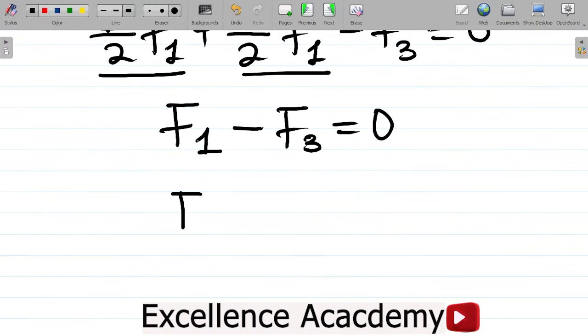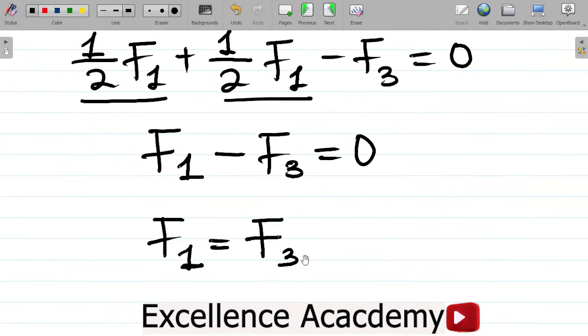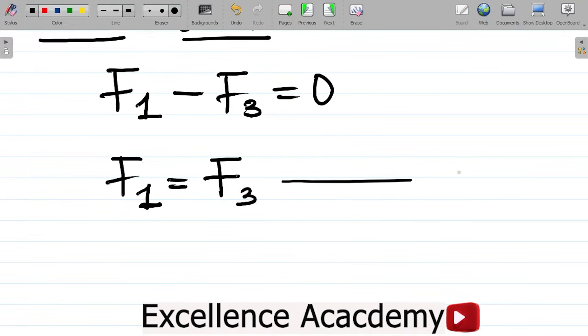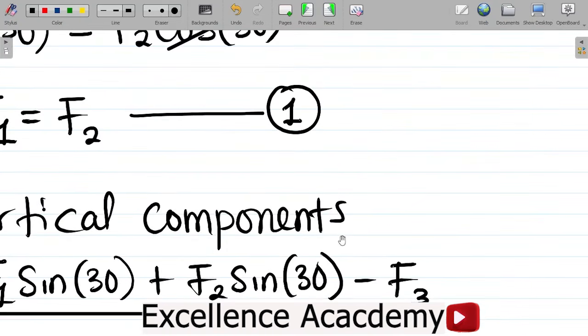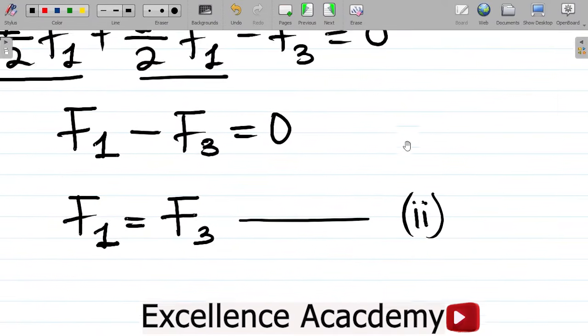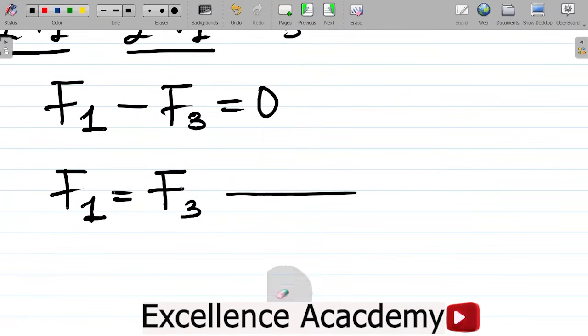You have that F1 is equal to minus F3, which moves over and becomes positive F3. Let's call this equation 2. I used 1 here, so I'm just going to change this to normal 2.